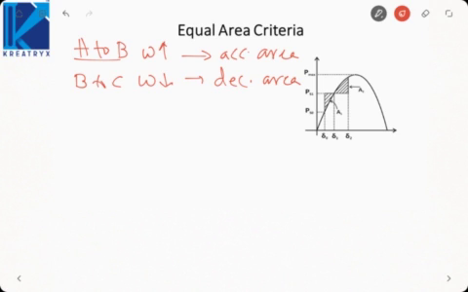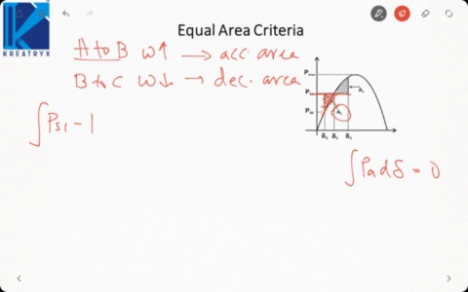When considering the area, we are taking the area between PM and PS, because the area represents accelerating power, which is actually shaft power minus electrical power. So from A to B, this area A1 represents the accelerating area.